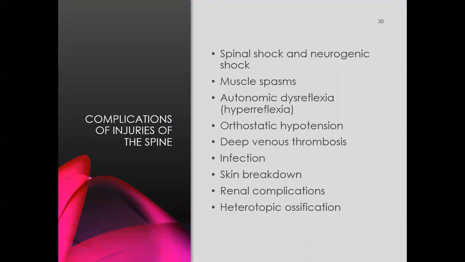Complications of injuries of the spine can include spinal shock or neurogenic shock, muscle spasms, autonomic dysreflexia or hyperreflexia, orthostatic hypotension, DVT, infection, skin breakdown, renal complications, or heterotopic ossification.